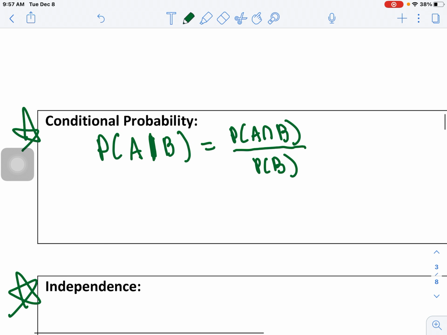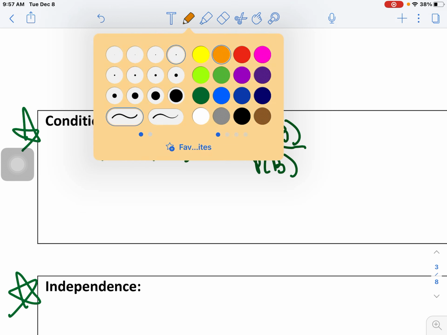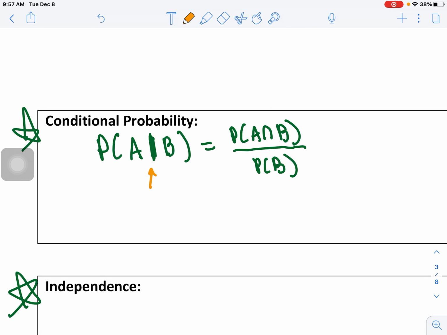I just want to add a little notation stuff here. Whenever you see this little thing, this reads as A given B.